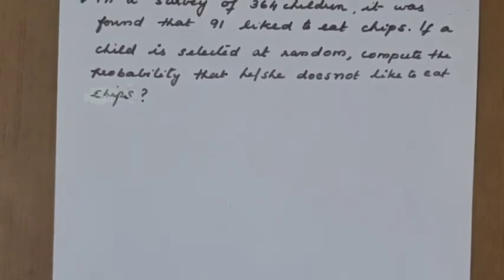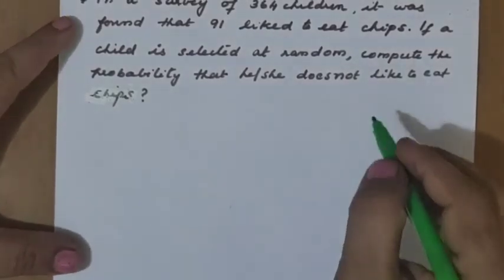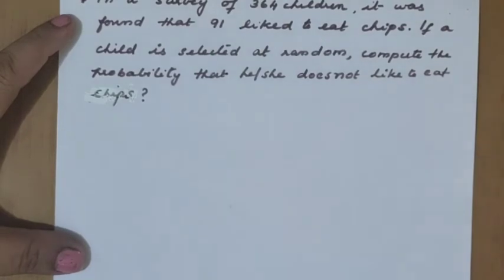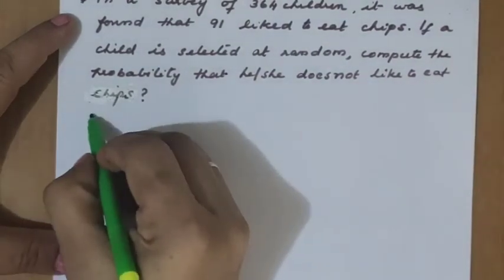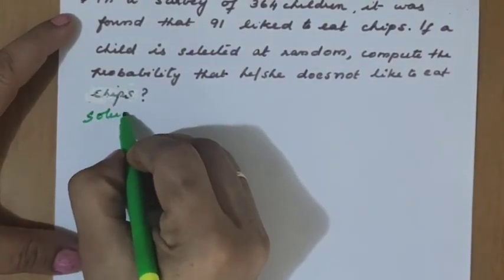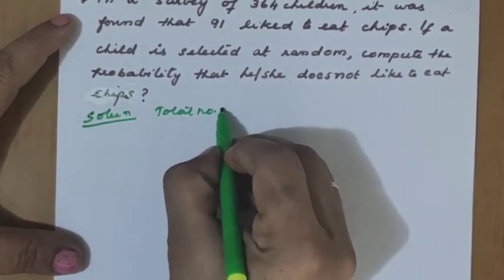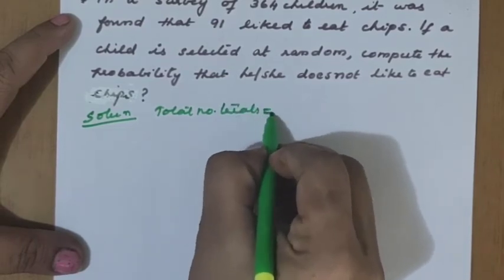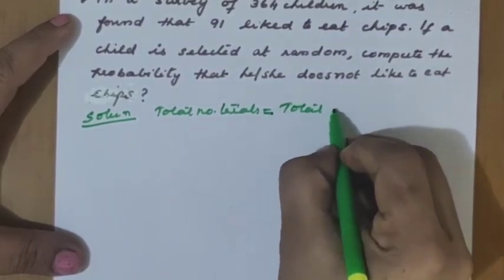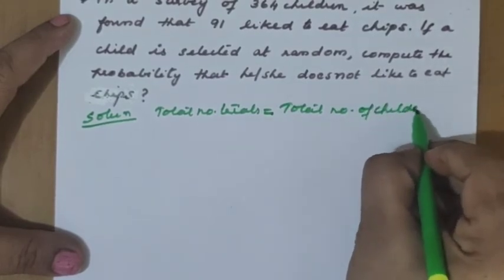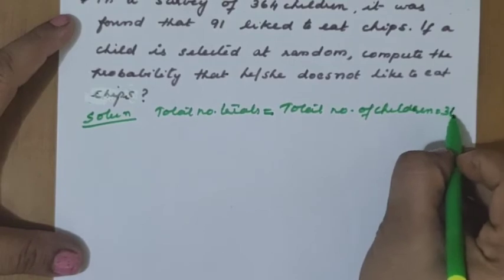Next question. In a survey of 364 children, it was found that 91 like to eat chips. If a child is selected at random, compute the probability that he or she does not like to eat chips only. How many like to eat chips? 91. So we will write here that total number of children, or total number of trials for us, is equal to 364.